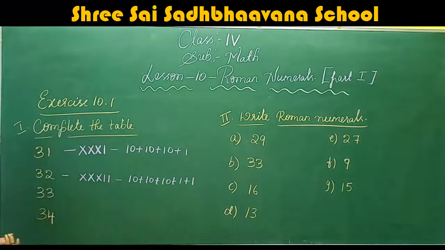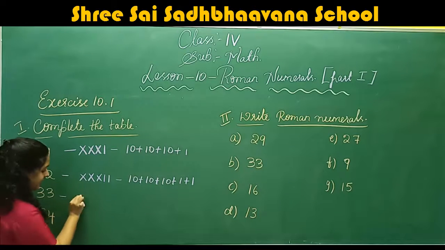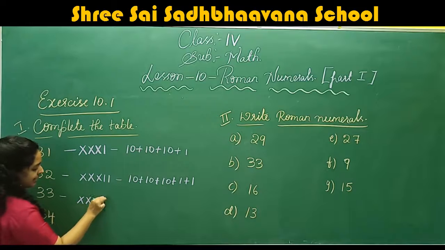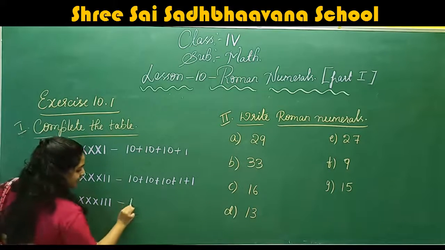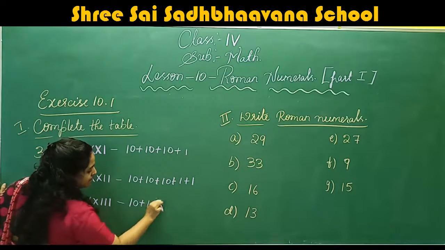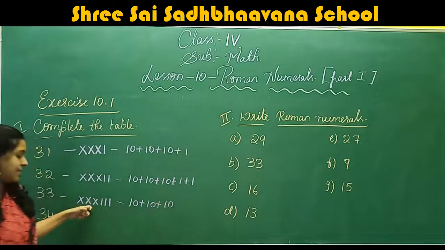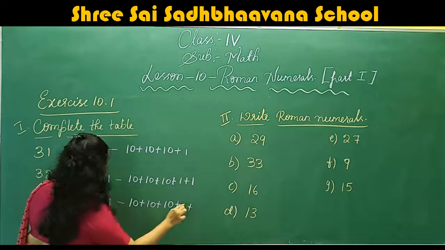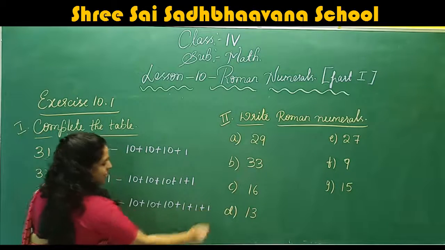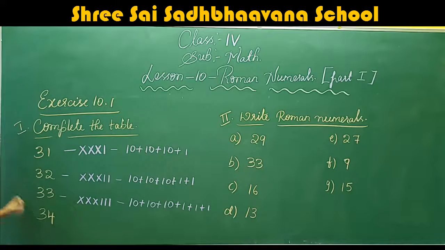Okay, yes, next. 33. How to write 33? Nothing but 10, 10, 10, I. So 33. 10 plus 10 plus 10. Correct? Plus 1 plus 1 plus 1. Next, 34.